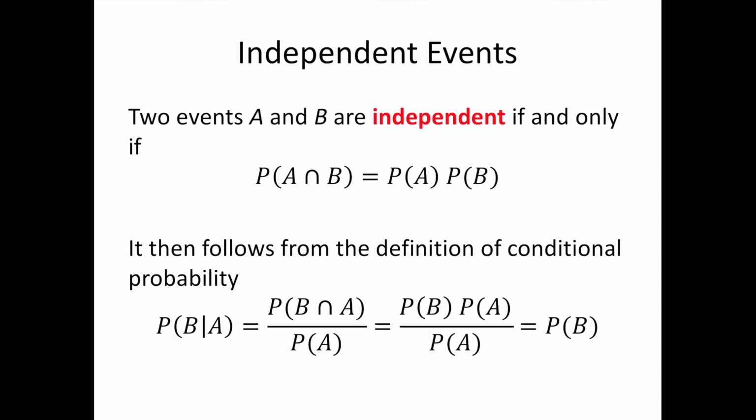And I see that I have a probability of A reducing over a probability of A down to 1, so I get a probability of B out of this formula. So left to right, I see the probability of B given A is simply equal to the probability of B. In other words, knowledge that event A has occurred will not change the probability I assign to event B occurring. That's what we mean by independent.